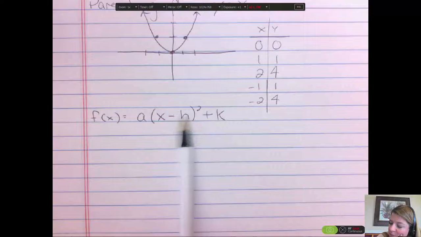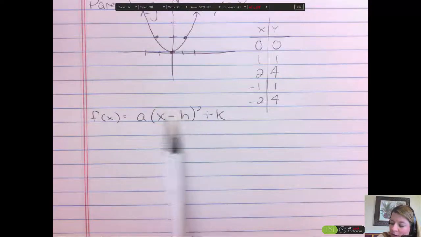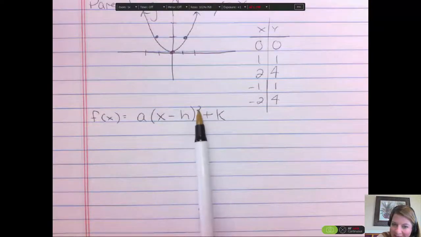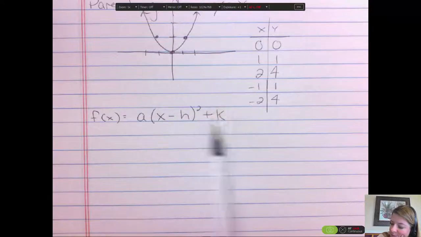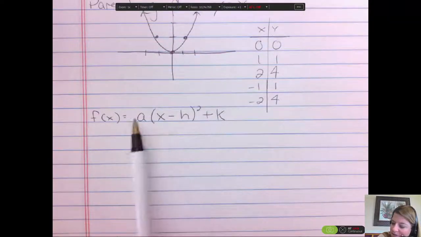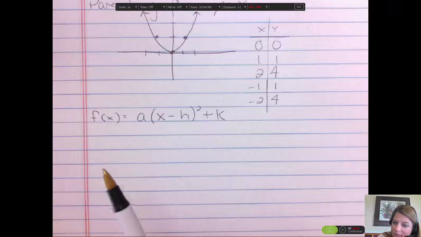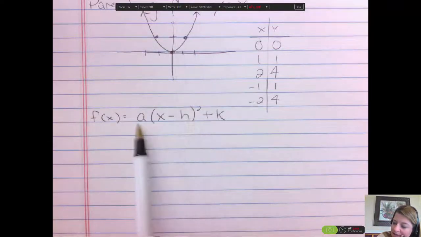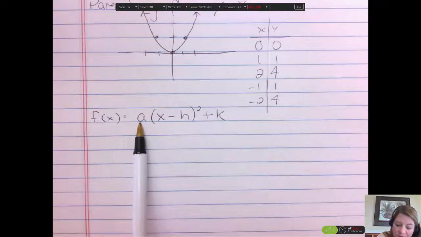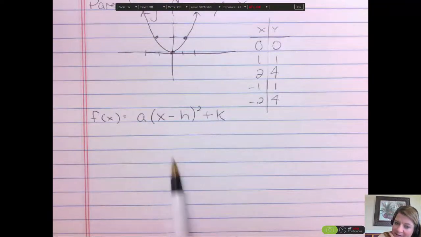We could add or subtract a number to the x in the squared section and square that, and we could add or subtract a number on the outside. Each of these three numbers does something different to this general shape. This number here is going to change the direction. If it's negative, it flips it upside down.